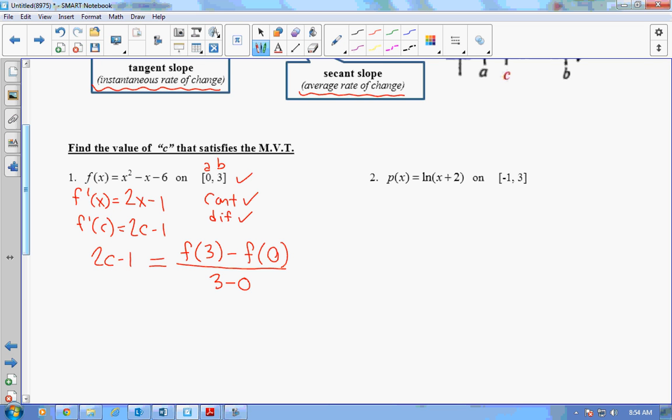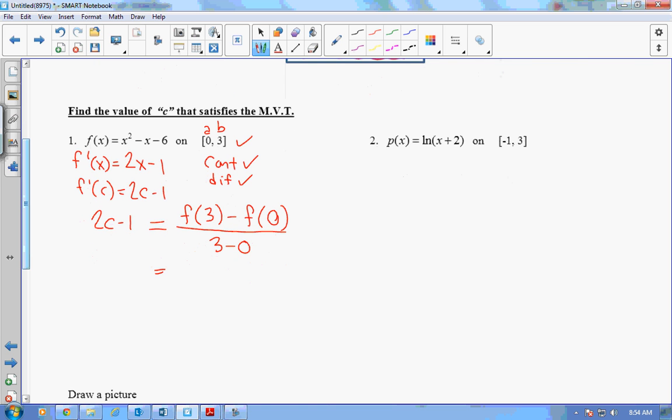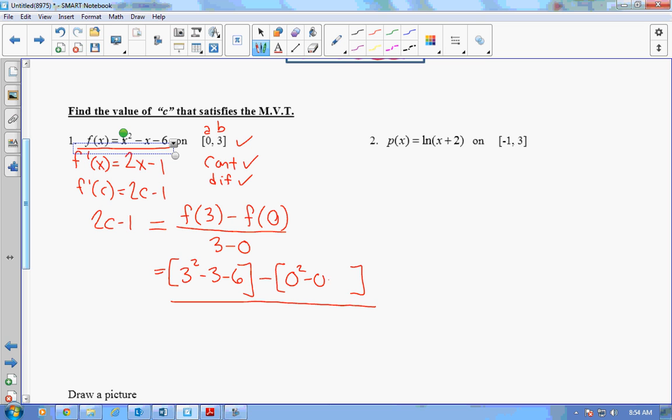Okay, so let's find f of 3. F of 3 just means I take my original function and I put a 3 in. I put it in brackets: 3 squared minus 3 minus 6. That's f of 3. We're going to subtract, in brackets, f of 0. F of 0 just means 0 squared minus 0 minus 6, all over 3 minus 0, which is just 3.